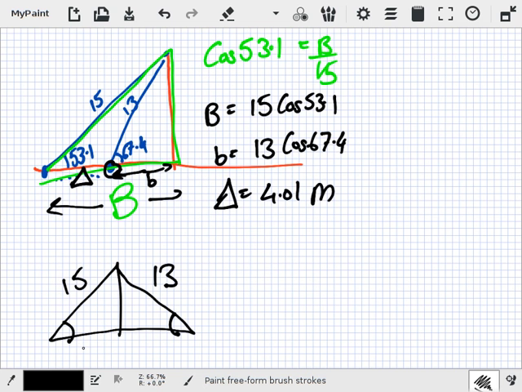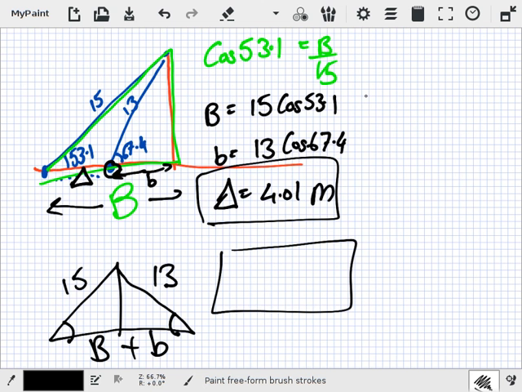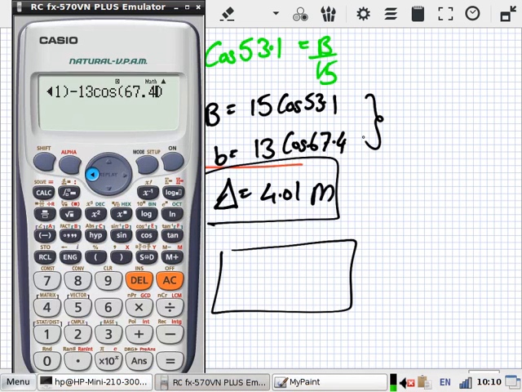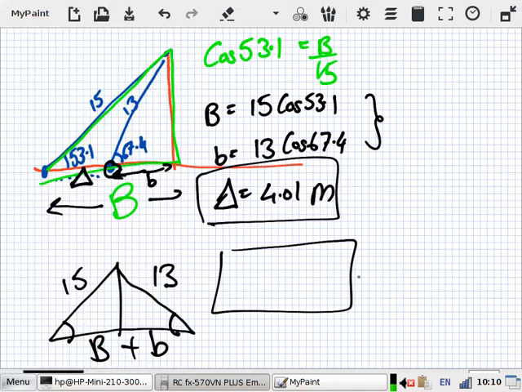And the only difference is the two bases, instead of minusing them, you add them. That's all. So that's for part 1. Part 2, we'll just add the two bases together instead of minusing them, and we'll get 10.2 meters instead.